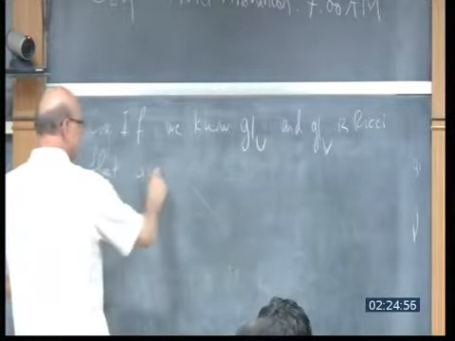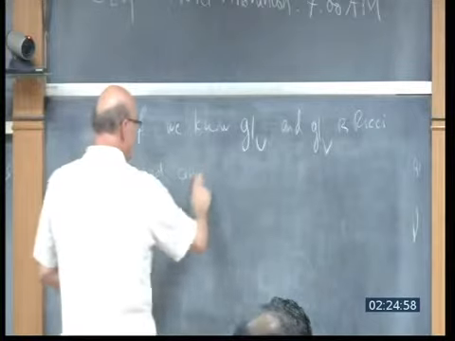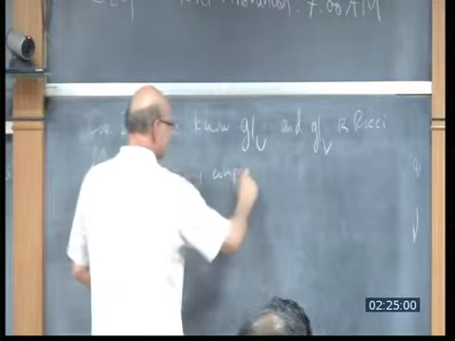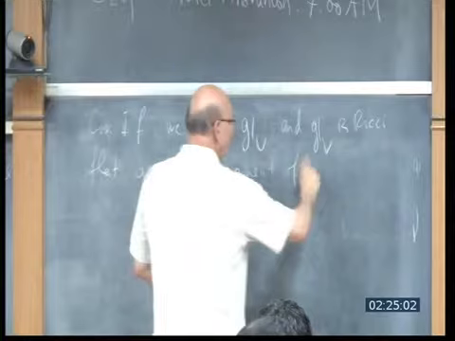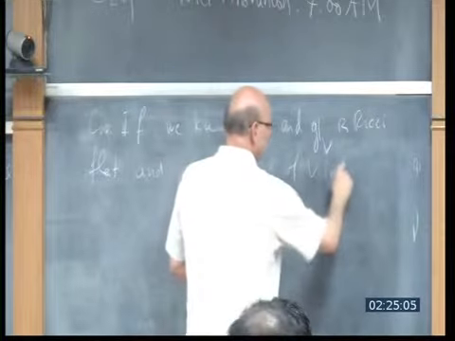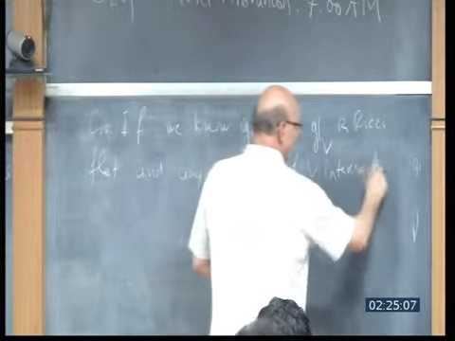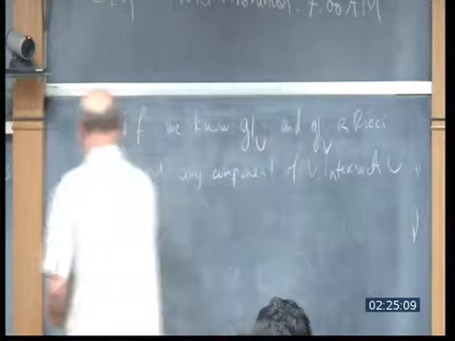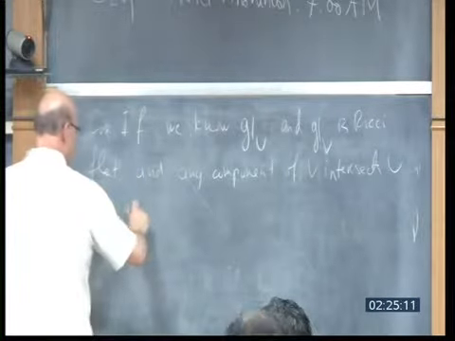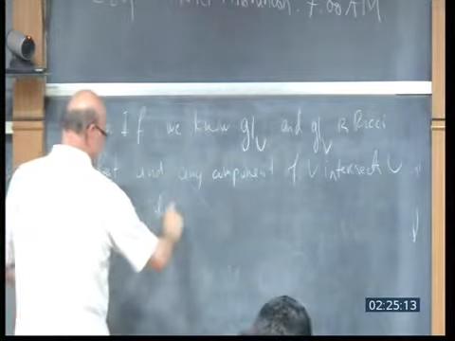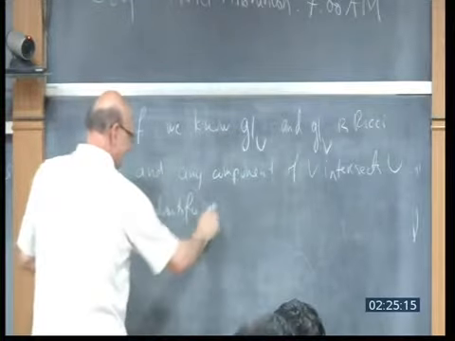And any component of V intersects U, then we identify G on V as well.